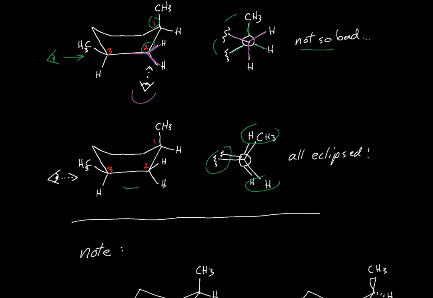Above all, eclipsed forms are higher in energy, as we saw even with simple ethane. So the boat conformation is higher in energy because of too much eclipsing all around. Really, it's on the sides of the boat. Both port and starboard sides of the boat have all eclipsed substituents.